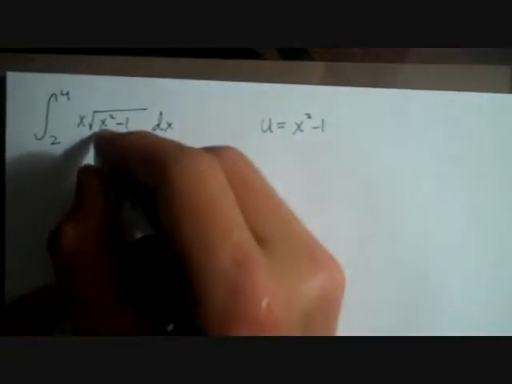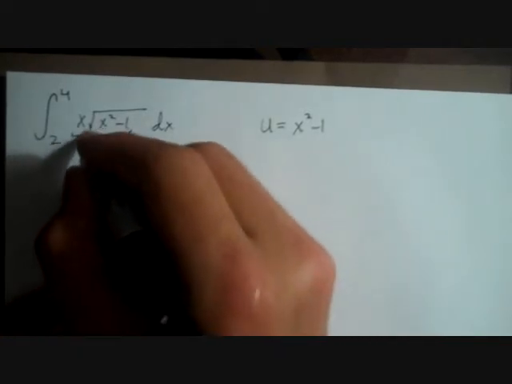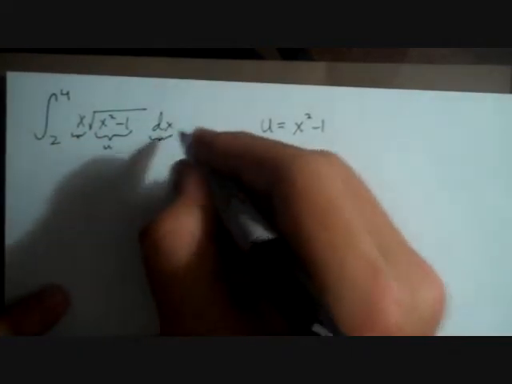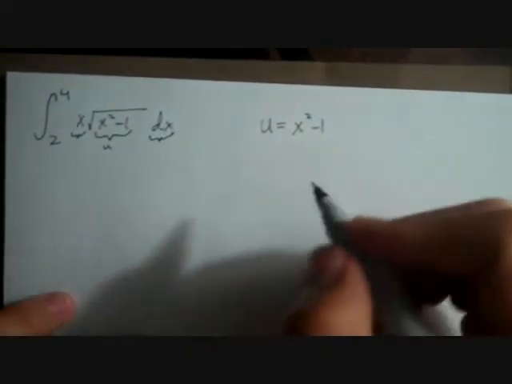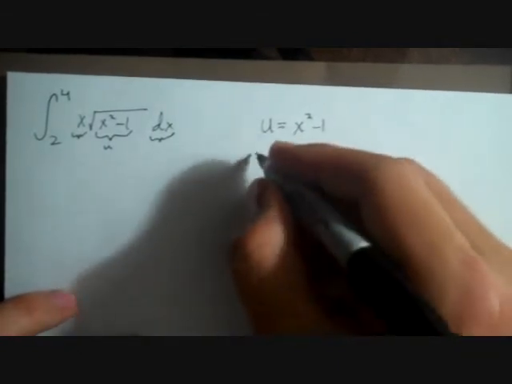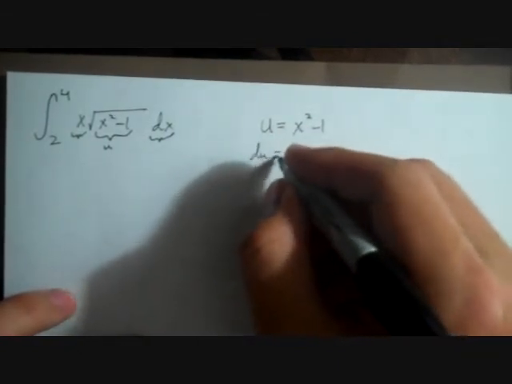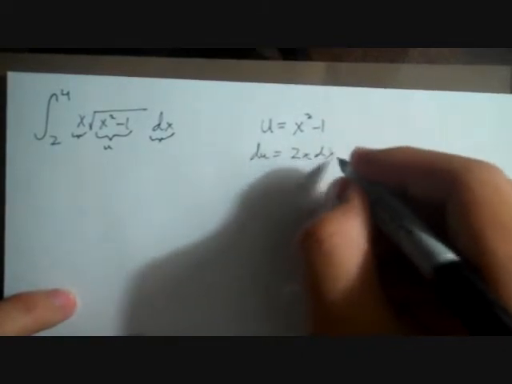So we know that this is going to be u. What about our x? And what about our dx? Well, let's try to substitute for our dx first. So we'll take the derivative of both sides of our stated relation. So the derivative of u is du. The derivative of x squared minus 1 is just 2x dx.